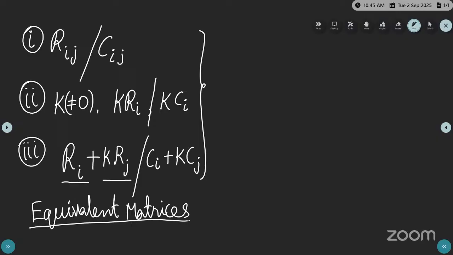Equivalent matrices means two matrices A and B are said to be equivalent if one can be obtained from the other by a sequence of row or column transformations or both.